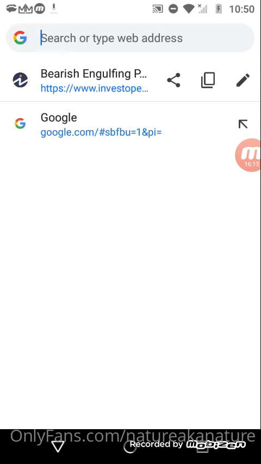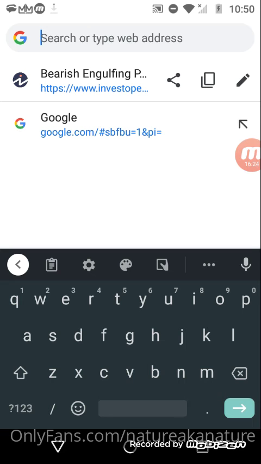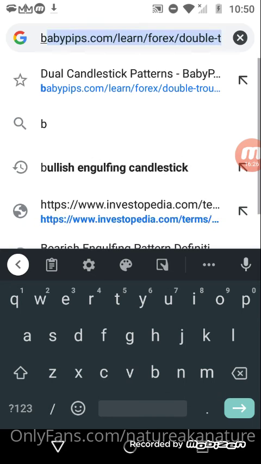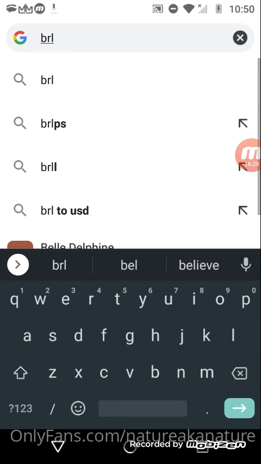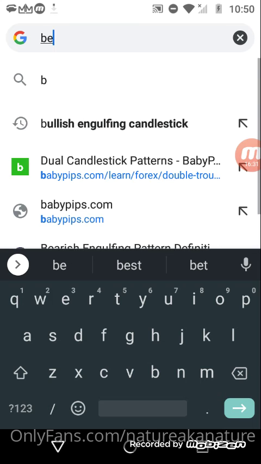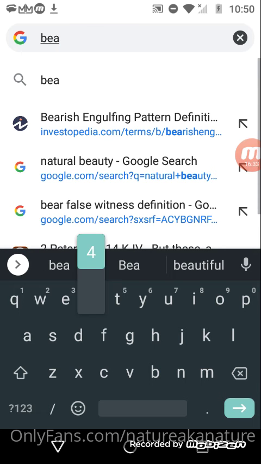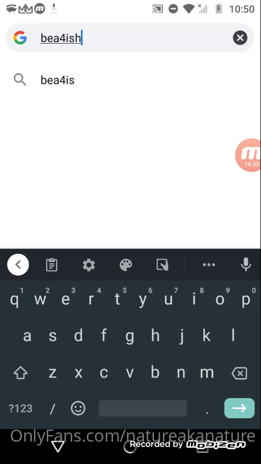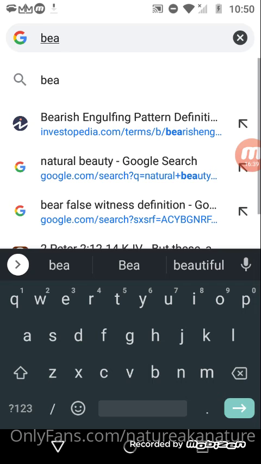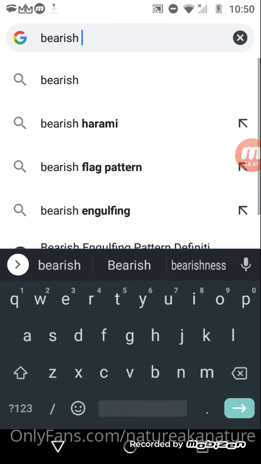So if the green is slightly bigger than the red, pay attention to the following moves after that. It's probably a reversal pattern. Same thing with the bearish. If you see a red candlestick bigger than the first candlestick that's green, then the opposite is a reversal pattern, or a downtrend is about to come, a major downtrend.